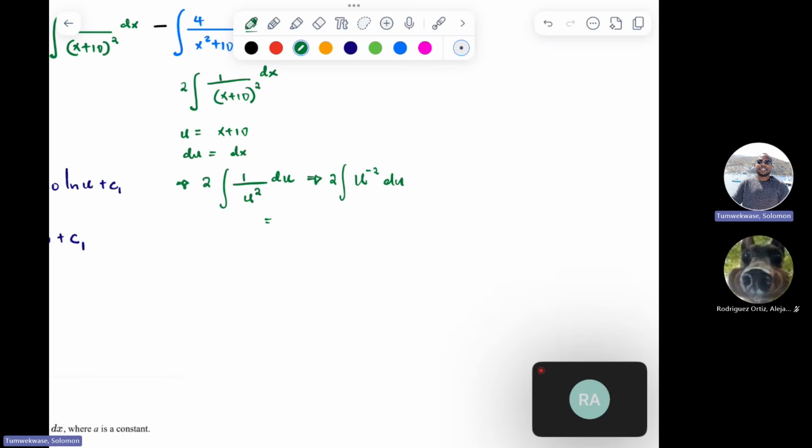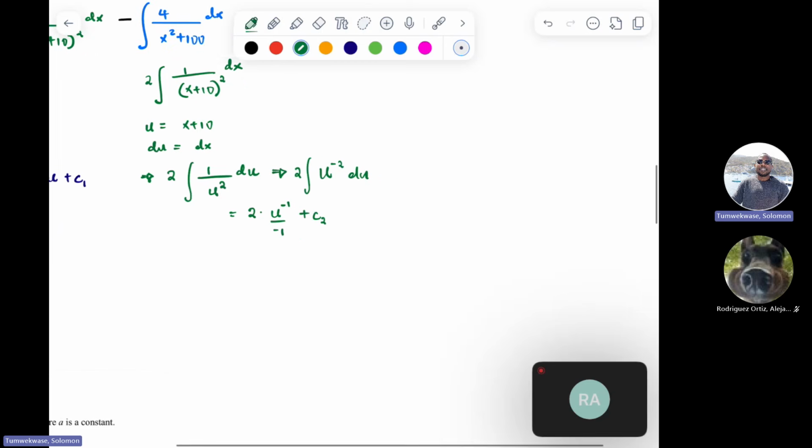When I integrate u to the power negative 2, I get u to the power negative 1 over negative 1, plus c. I'll call this constant c2, and this is the same as negative 2 over u, plus c2.